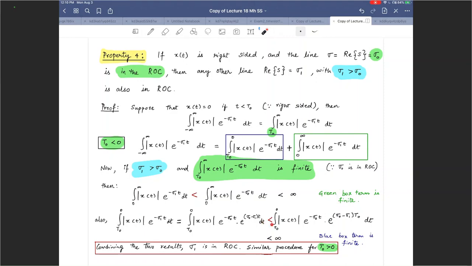That is going to be less than the integration from t0 to 0 of the absolute value of x of t, e to the minus sigma 0 t, multiplied by e to the minus (sigma 0 minus sigma 1) times t0. Why is that going to be less than this?